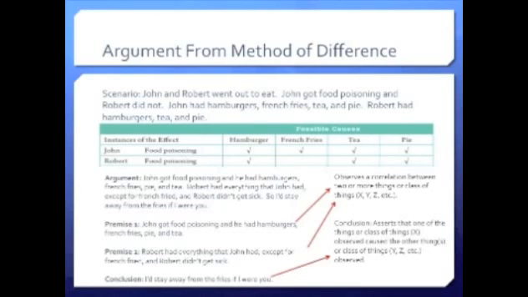However, if we can provide several particular cases that are similar, thus allowing us to compound several uses of the method of difference together, then we should be able to support a general conclusion. This is also the case with the other four methods. In other words, the greater the number of instances that any one of these methods considers, the stronger the reasoning will be from the premises to the conclusion.